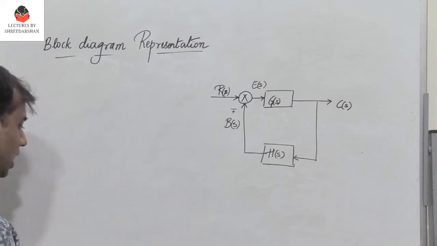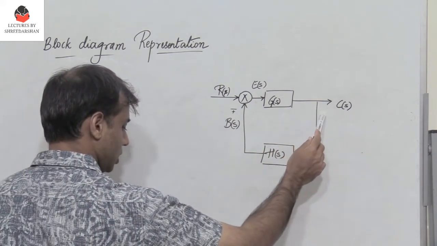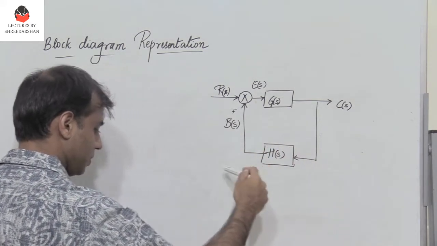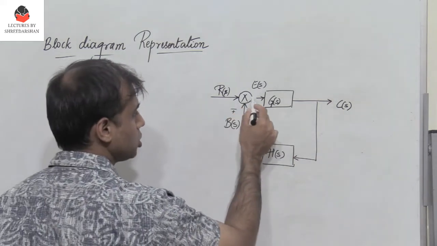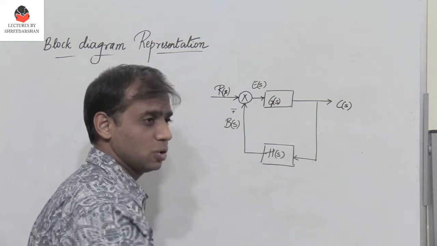And then we also have the takeoff point. The takeoff point is the signal which is taken for feedback, and we also have arrows which indicate the direction of flow of signal.